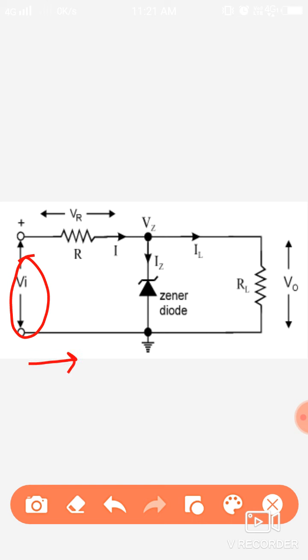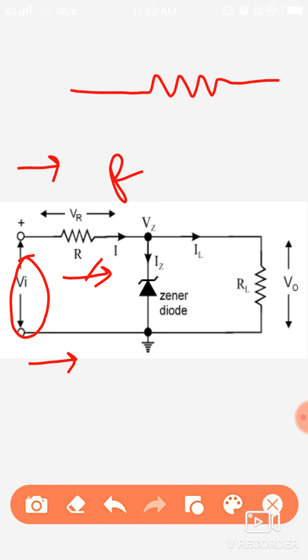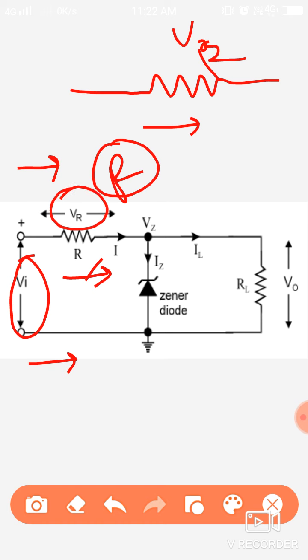Here voltage is produced and we have a resistance R. Due to this voltage Vi, a current I flows through this resistance R, and by Ohm's law, when current flows through a resistance, a voltage is produced. Here we say that due to R, the voltage drop is VR, as shown here.